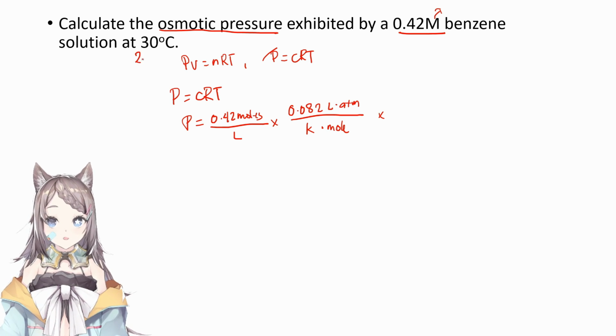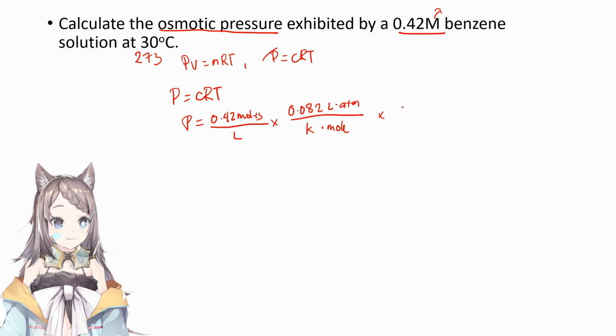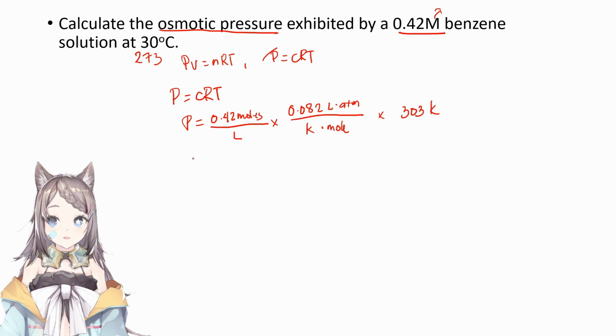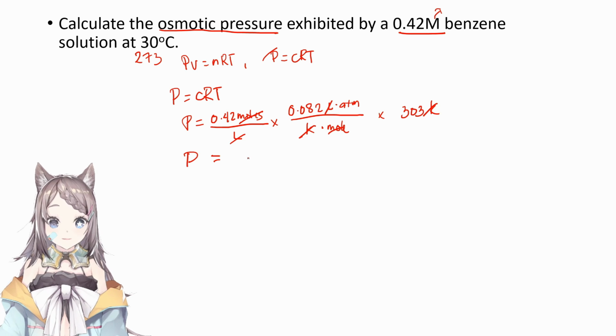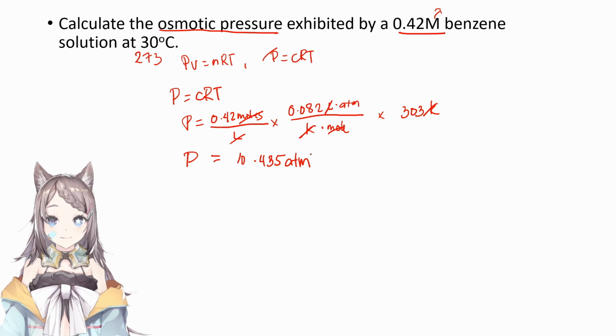So let's simply add 273 here, and we will have 303 Kelvin. So this is very straightforward. Simply reduce the units: liters is liters, moles, Kelvin, and Kelvin. And you simply need to multiply and divide afterward. So the pressure is 10.435 atmospheres. Very straightforward.